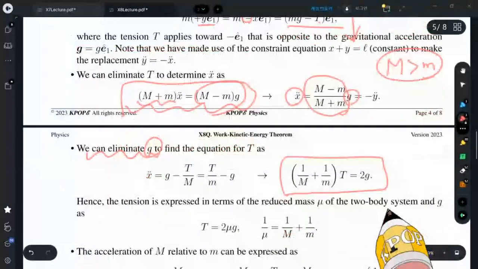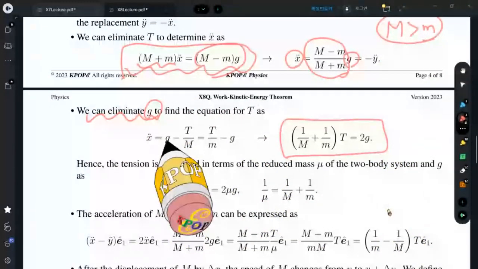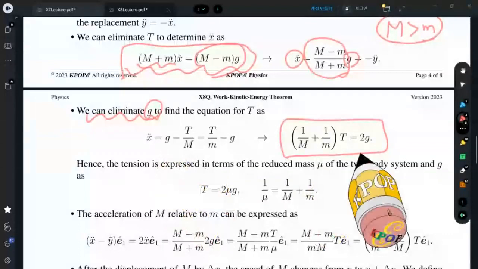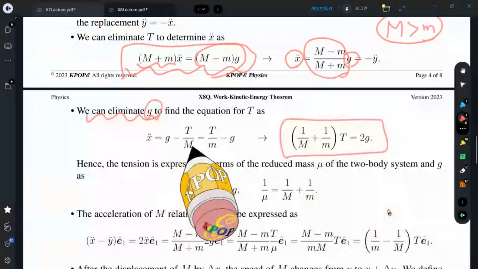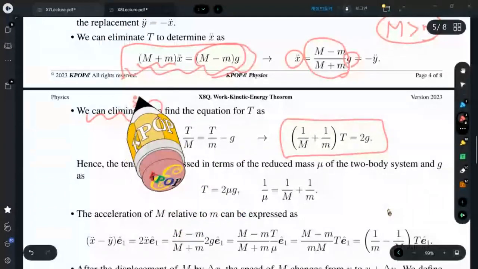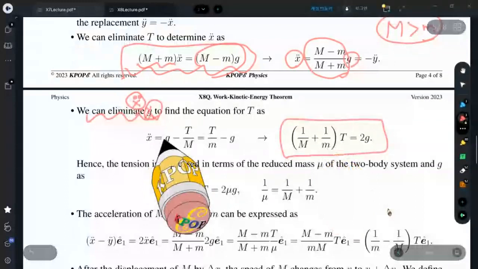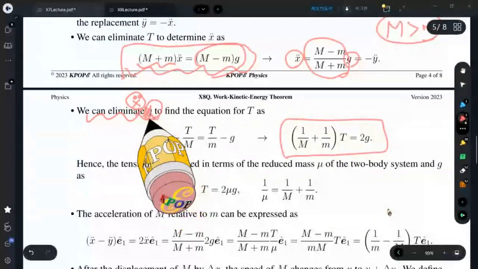By the way, it's better to write eliminate x double dot instead of g, so let me correct.